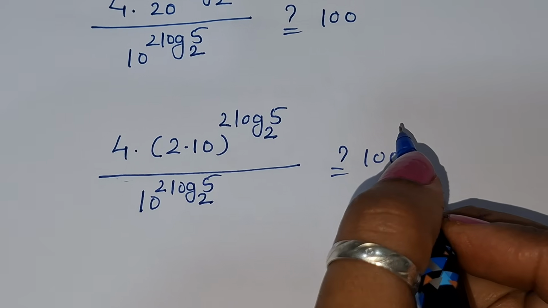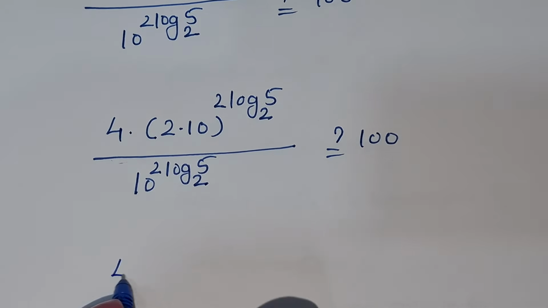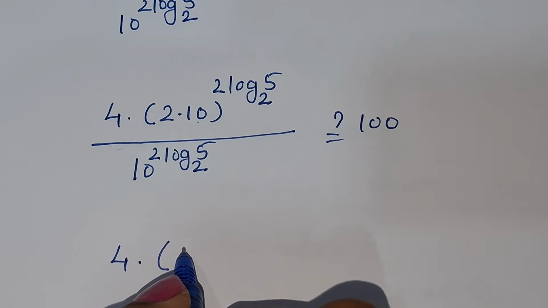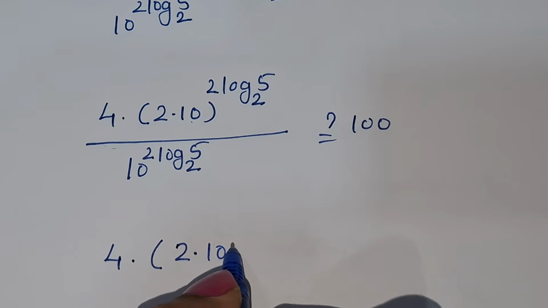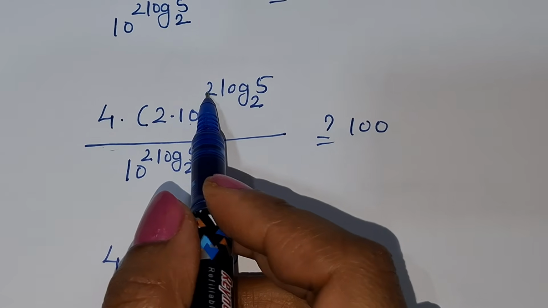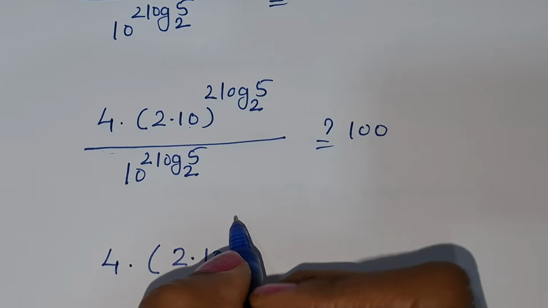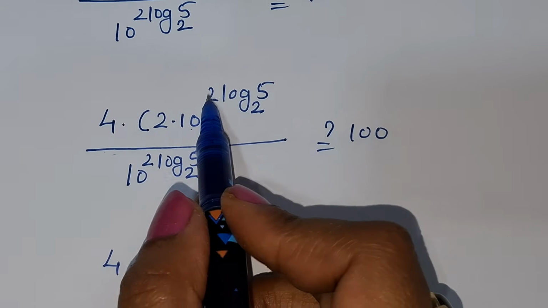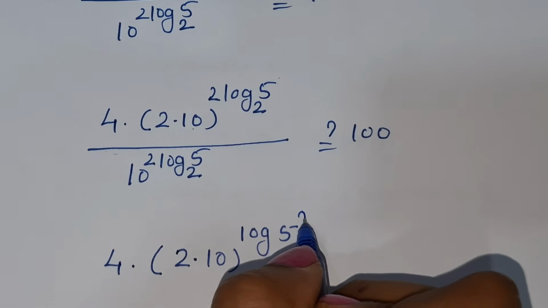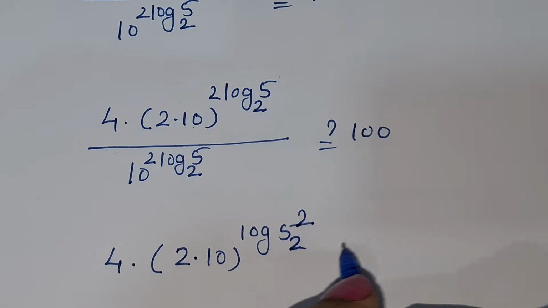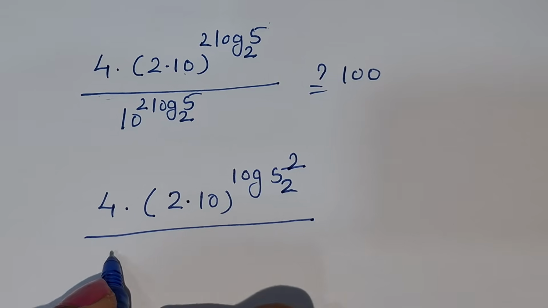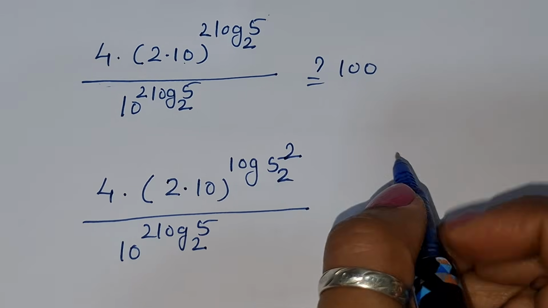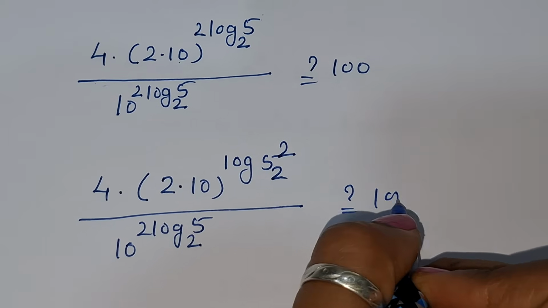Now here we can write 4 times 2 times 10, and 2 times log of 5 to the base 2, so we can write log of 5 square to the base 2, divided by 10 power 2 log of 5 to the base 2, question mark 100.